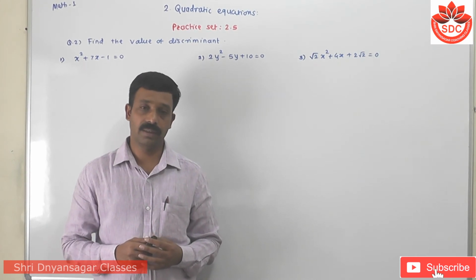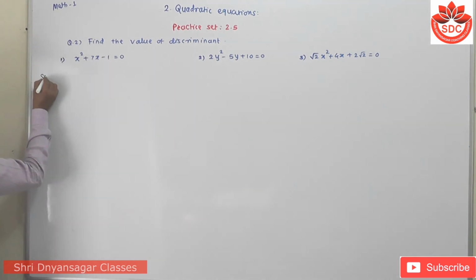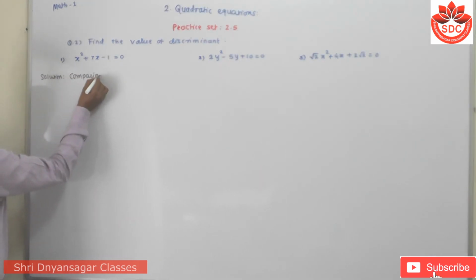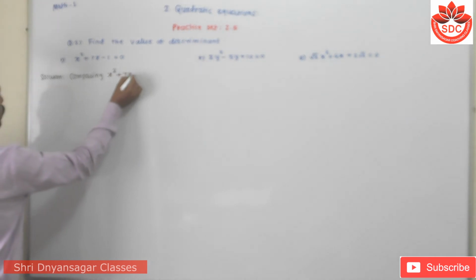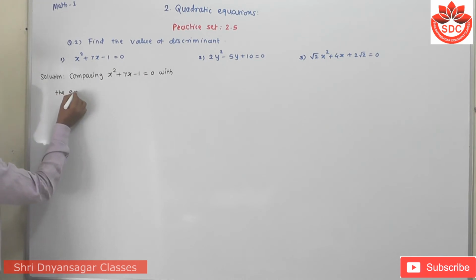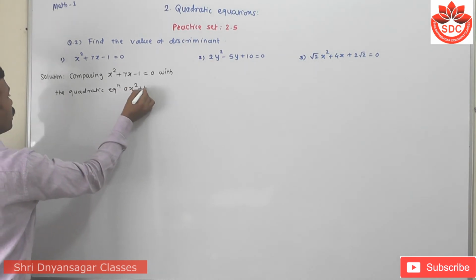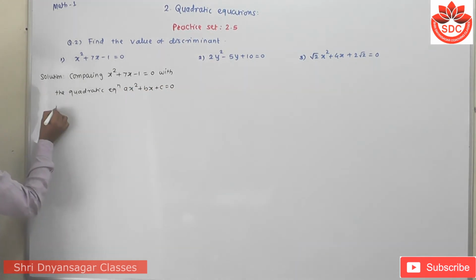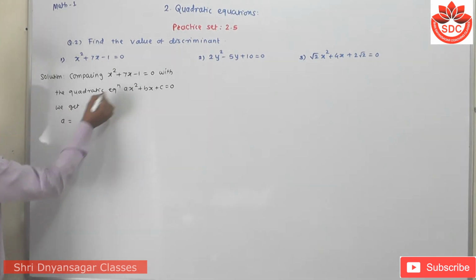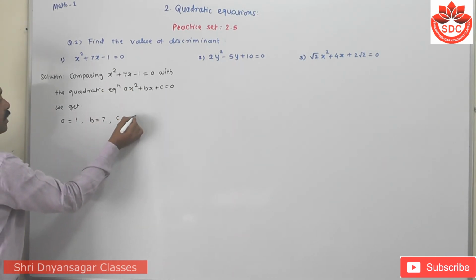Find the value of the discriminant. This is a 1 mark question, so a simple one. Now look here. Here is the solution. First I write, comparing x square plus 7x minus 1 is equals to 0 with the quadratic equation ax square plus bx plus c is equals to 0, we get, when we compare, a is 1, the value of b is 7 and the value of c is minus 1.